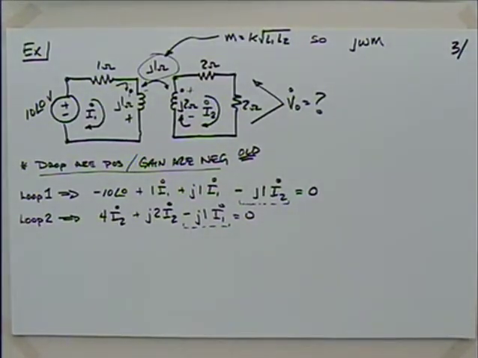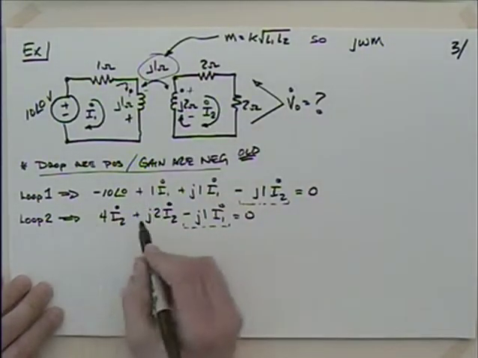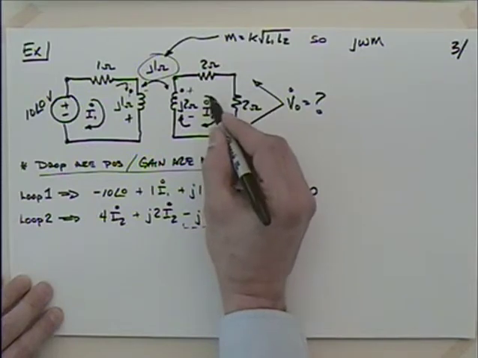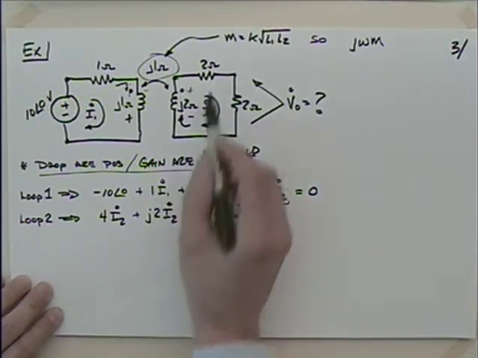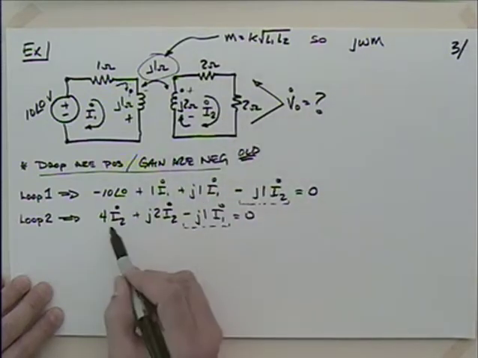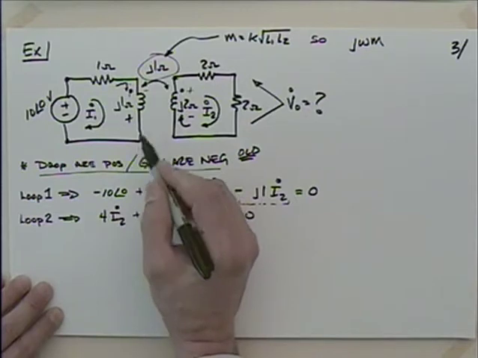Yes? So it's going in the dot on the left side. Okay, so you're talking about this loop equation number 2? I did all of the self terms. That was this 2 and that 2, so I just combined them into 4, and then I did this one. And then the mutual term's the sticky one.